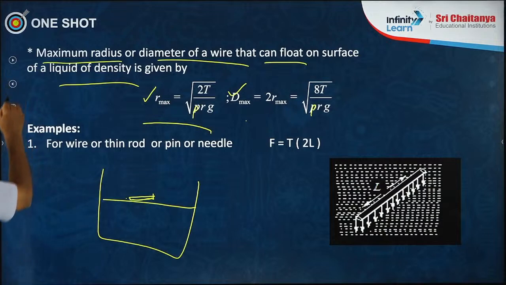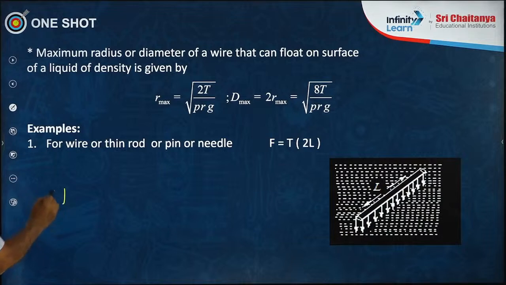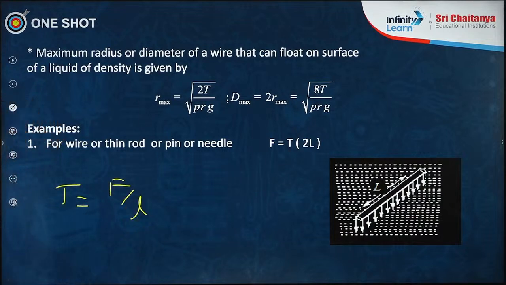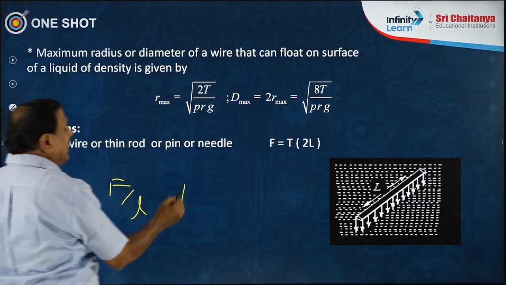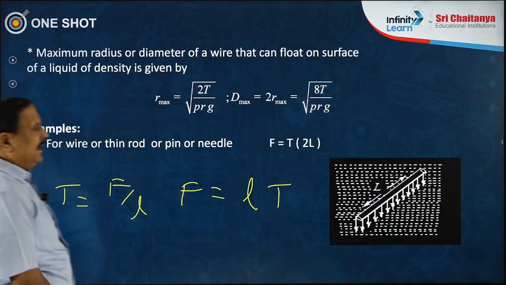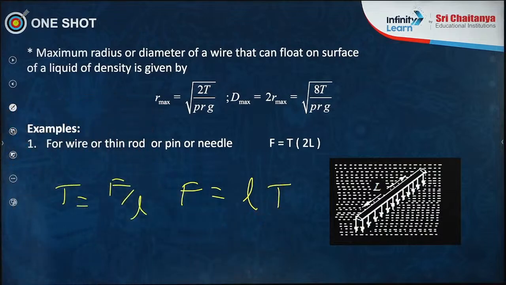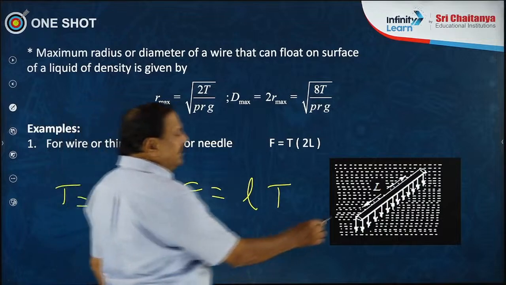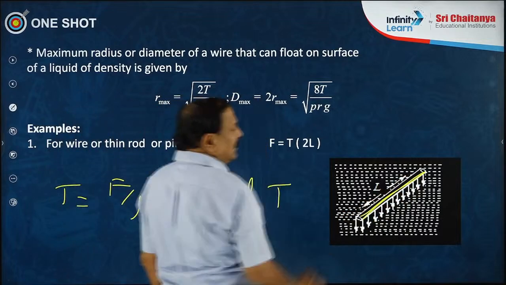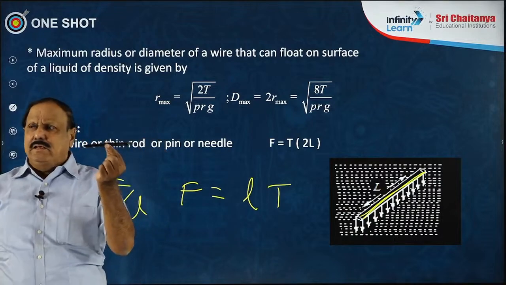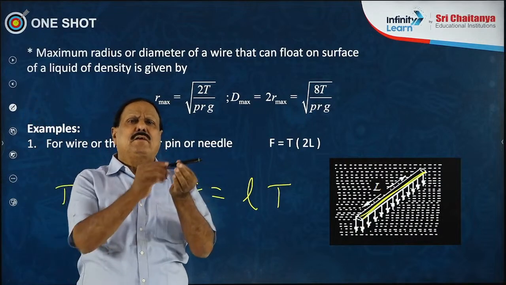Based on the fundamental formula that surface tension is equal to force by length, we can write F is equal to L into T, or T into L. Different cases are there to calculate the force. For example, a wire is floating on the surface of a liquid.